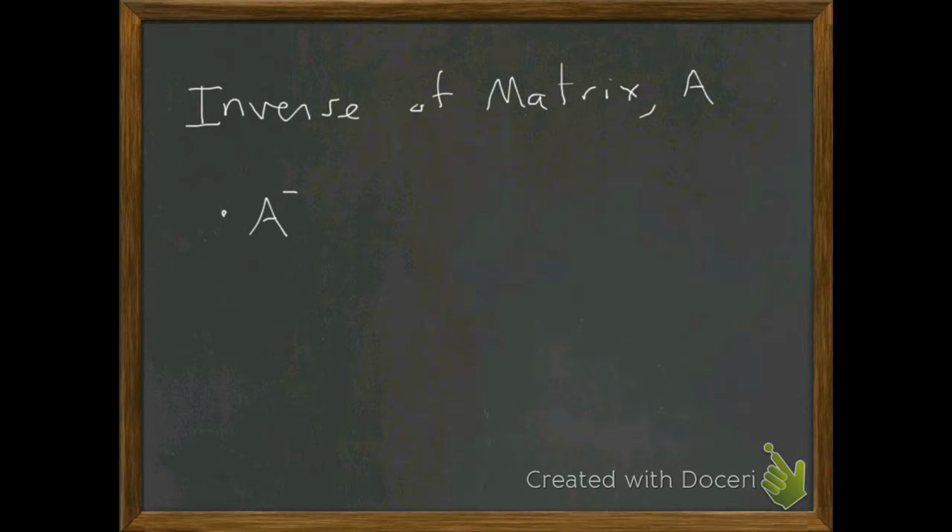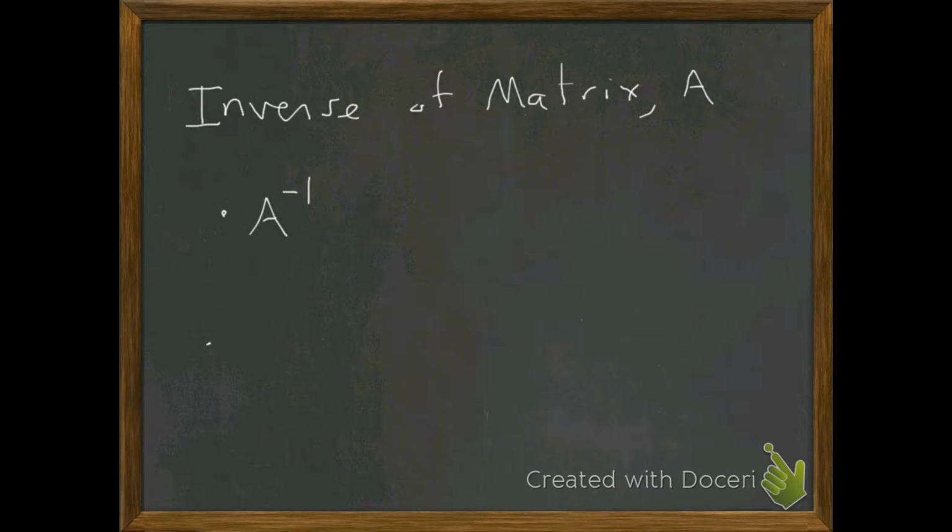In our last video, we talked a little bit about the inverse of a matrix, and let's just say our matrix is A. And of course, we know that the inverse is denoted by A with a -1.